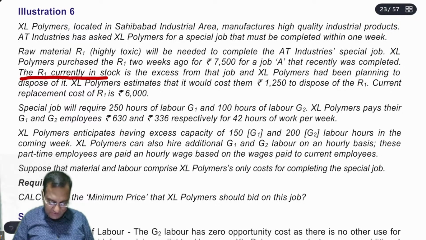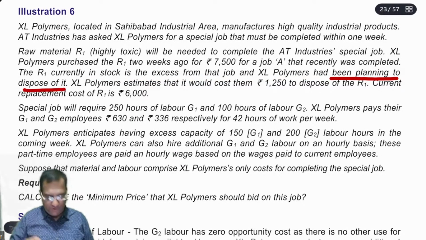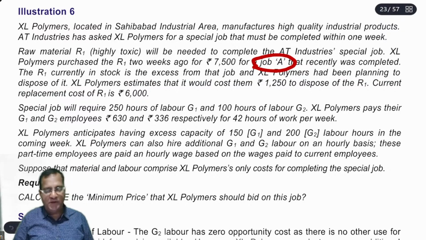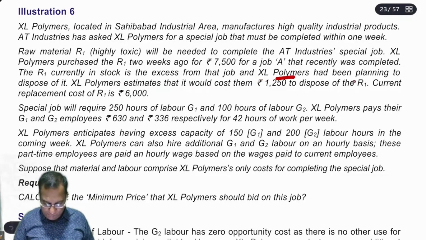R1 is currently in stock as the excess from that job, and Excel Polymer had been planning to dispose of it. So the raw material R1 is in stock because we excessively purchased it for job A, and our company is planning to dispose of it.